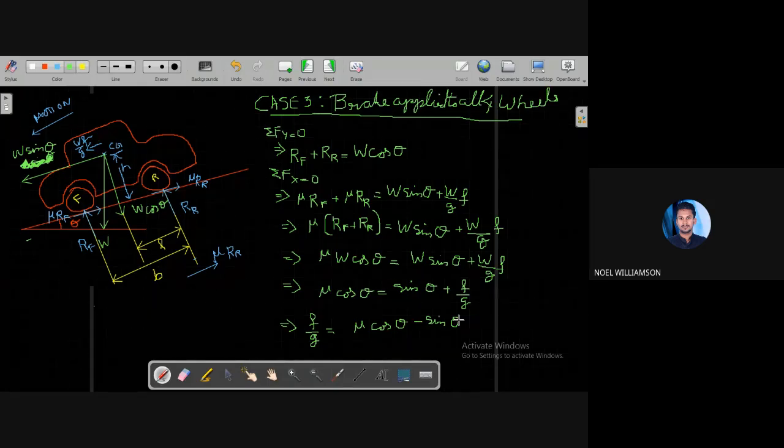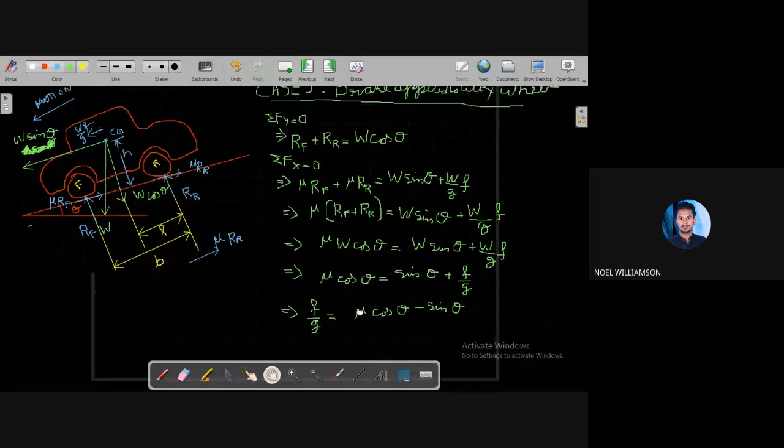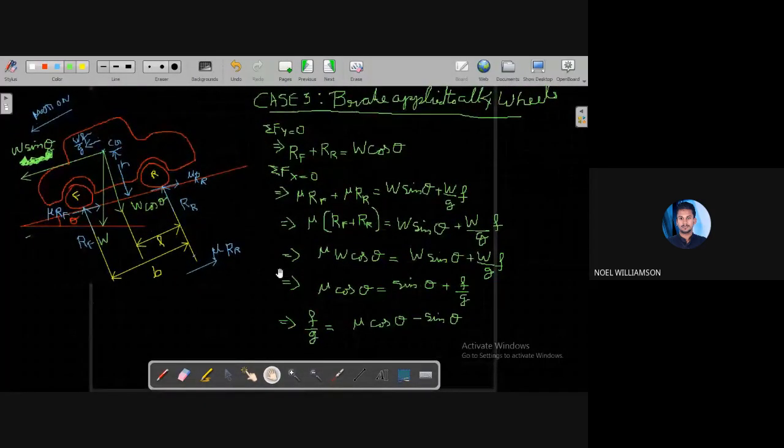Now you have used two relations, sigma Fx equal to 0 and sigma Fy equal to 0. Now the third condition is that the total moment about any point will be 0 for equilibrium. So here we are choosing the moment about the front point of contact of the front wheel with the ground.